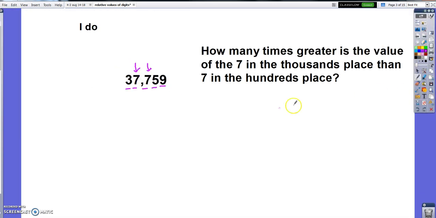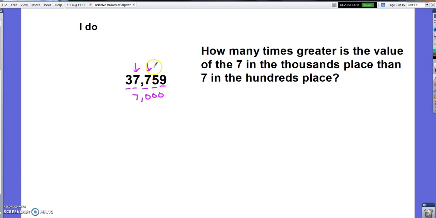So the first thing to do is to think about the values of those. This 7 is a digit of 7 in the thousands place, but it doesn't have a value of 7. Since it's in the thousands place, it has a value of 7,000. And this 7, since it's in the hundreds place, has a value of 700 because of the place that it's in.